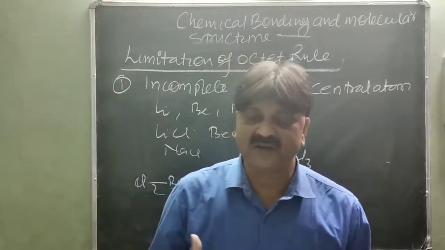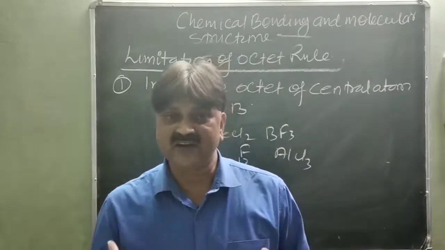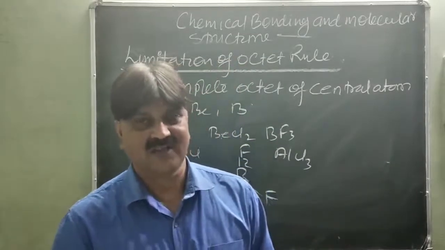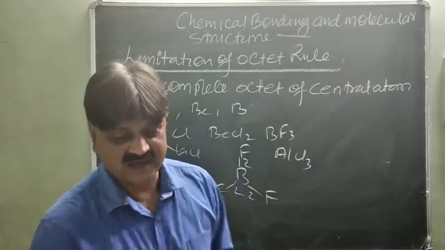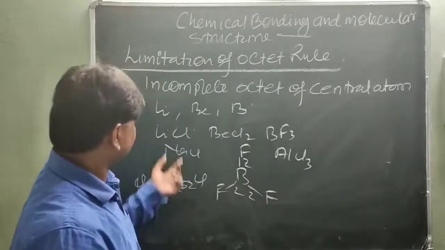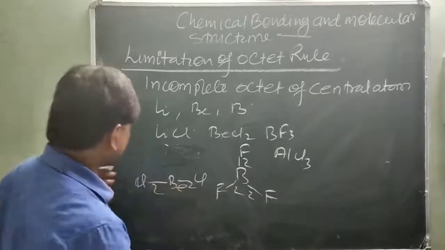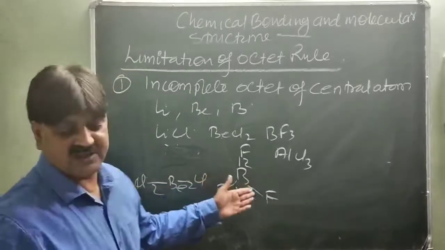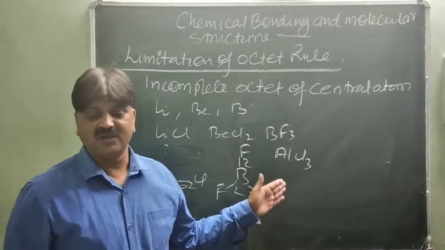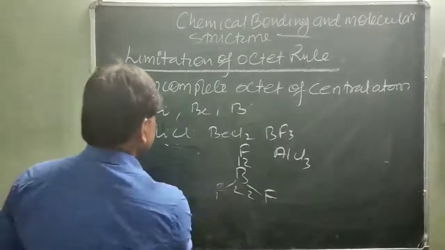These second period elements do not have 8 electrons in their outermost shells after bonding. Like LiCl, BCl3, AlCl3, etc., you can see there are no 8 electrons in the outermost shell.